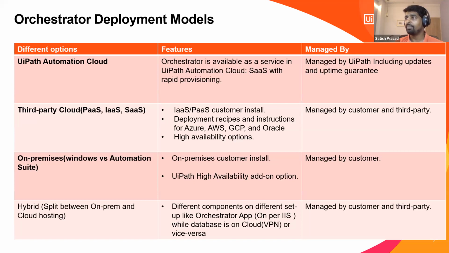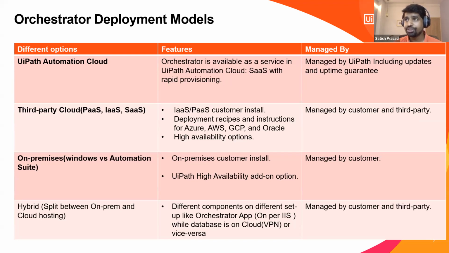So uptime is guaranteed by UiPath. All you need to do is get a UiPath Automation Cloud license, and all other components like UiPath Studio and Robot will be sitting in your premise setup, and you'll be communicating with the Automation Cloud, and you should be able to perform whatever task you need to do.